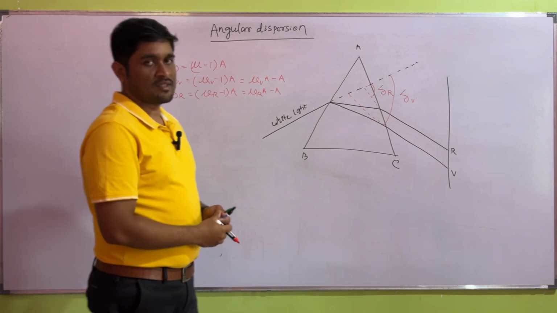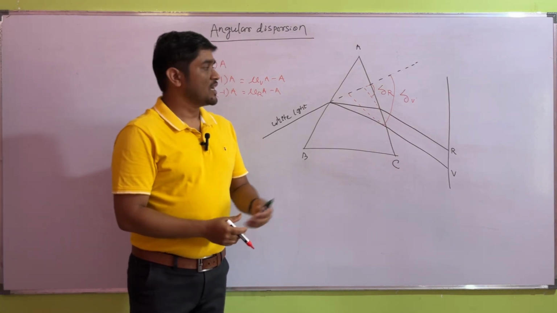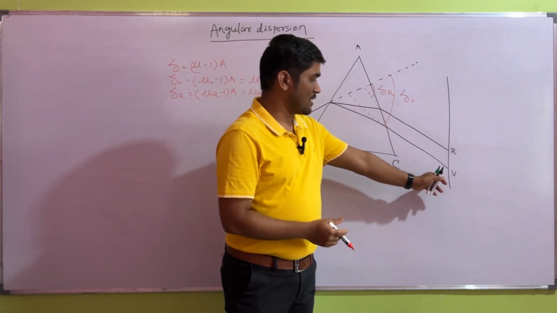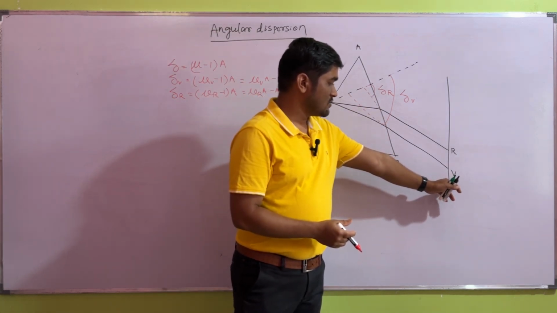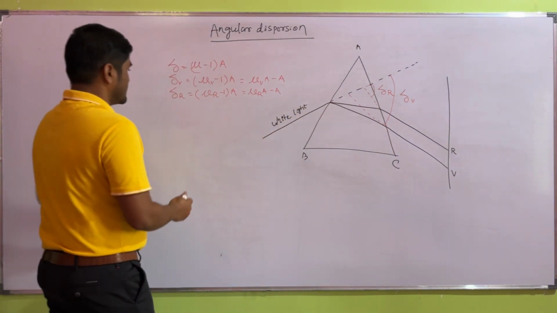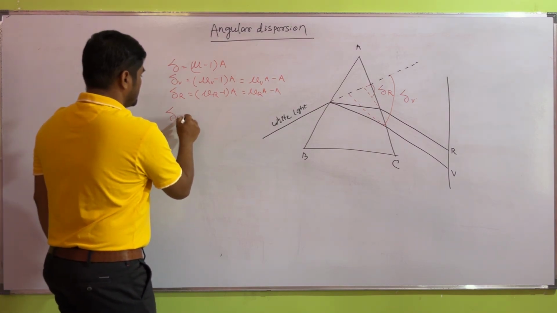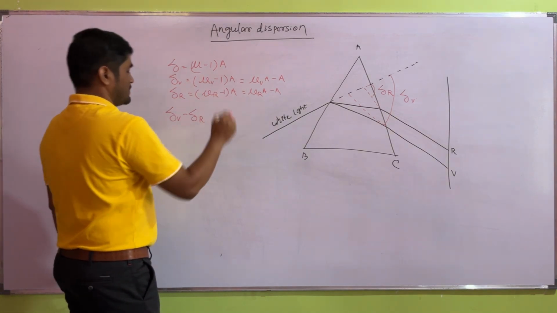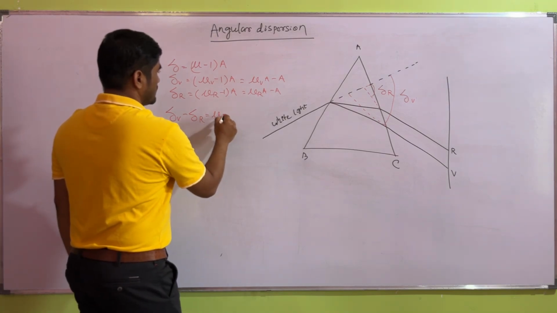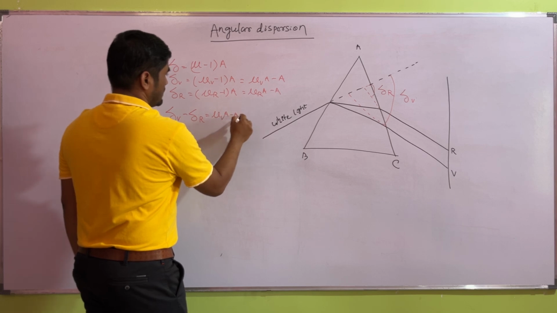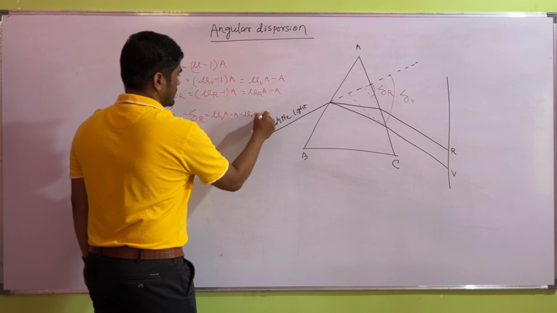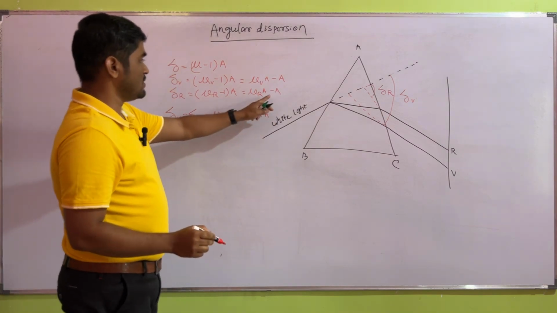Angular dispersion is the difference in angle of deviation between the two extreme colors. One extreme color is violet, another extreme color is red. So the difference delta V minus delta R will be mu V A minus mu R A plus A. This will be minus, this will be plus.